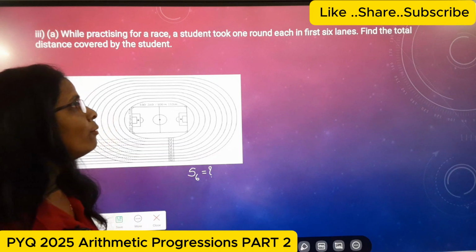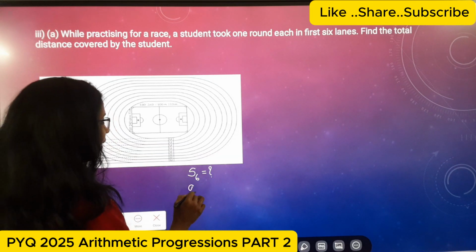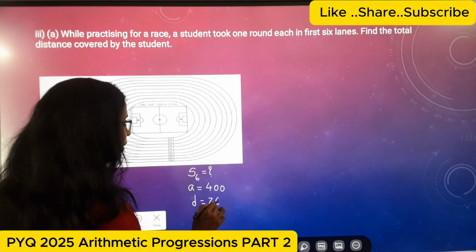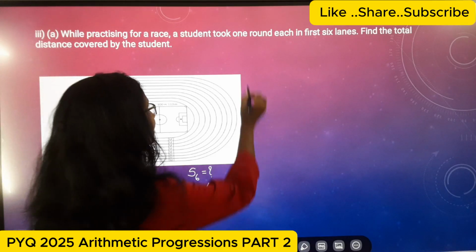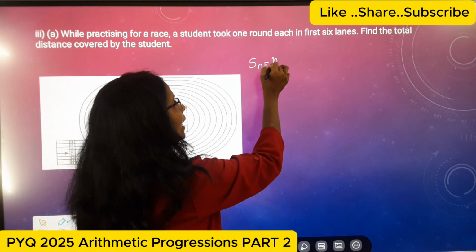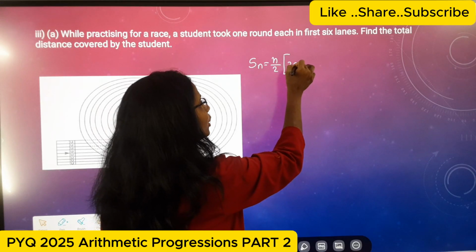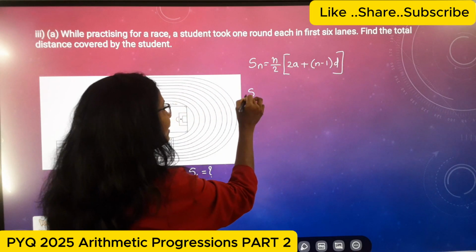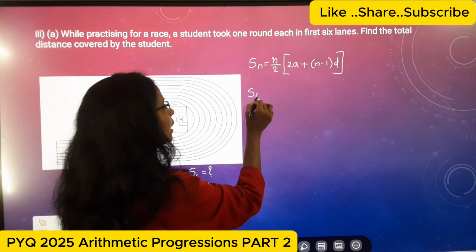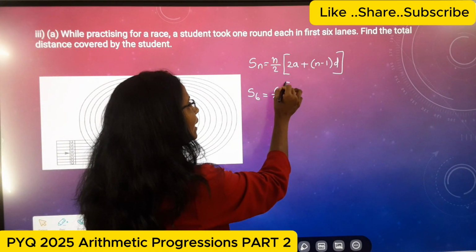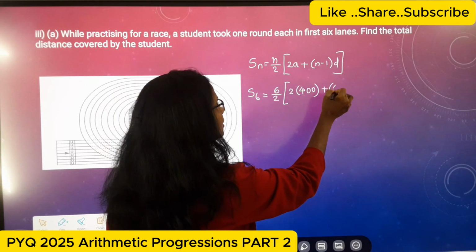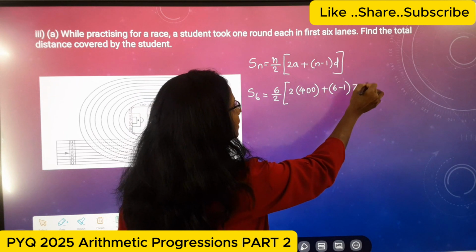Now here we have a is equal to 400, common difference d is equal to 7.6, and n is equal to 6. The formula is Sn is equal to n upon 2 in the bracket 2a plus (n minus 1) d. Now substitute the values. S6 is equal to 6 upon 2 in the bracket 2 multiply 400 plus (6 minus 1) 7.6.